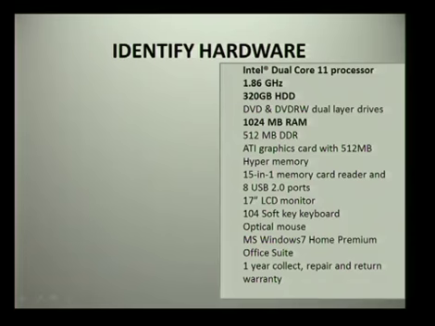Here I have an advert. This advert is showing us what this computer has. It has an Intel Core dual-core 11 processor with 1.8 gigahertz. It has 320 gigabytes of HDD, a DVD and DVD-RW dual player, 1024 megabytes of RAM, 512 megabytes of DDR, an ATI graphics card with 512 megabits, and you can see the rest.